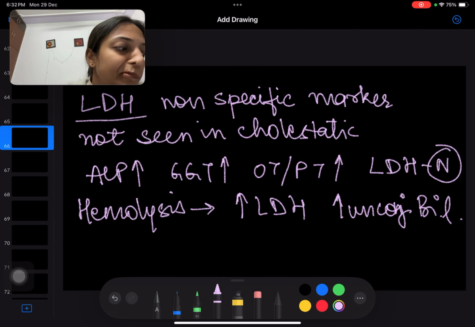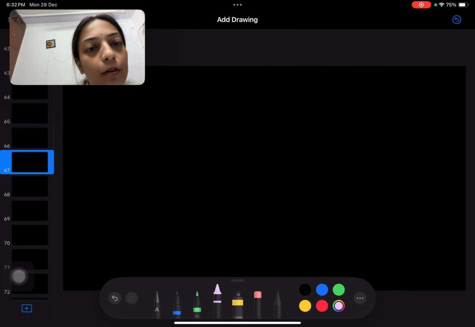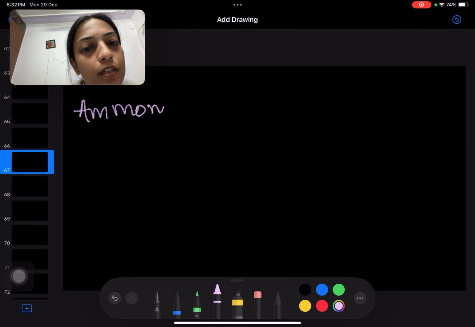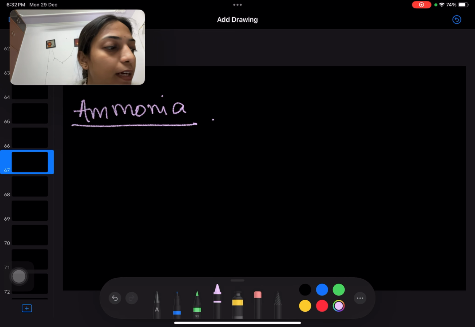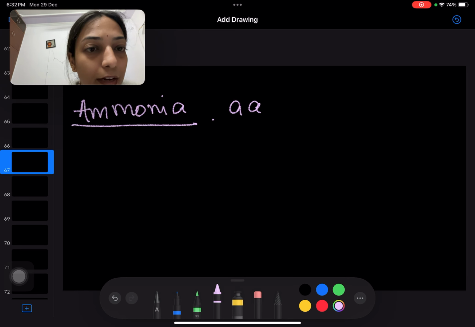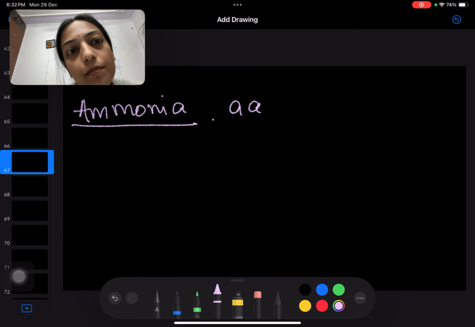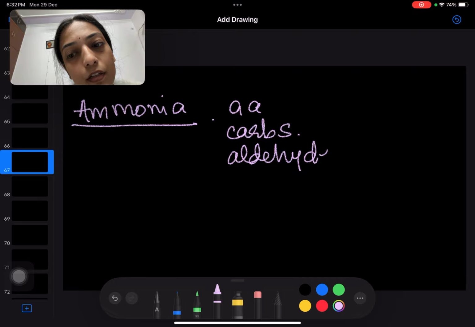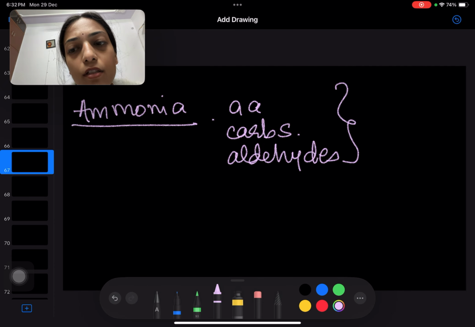Then let's talk about ammonia. Serum ammonia levels, right? So ammonia, how is it produced? What happens is that all the amino acids contain nitrogen. Other dietary things like carbohydrates also contain, aldehydes also contain. The sources of all this is diet, right?